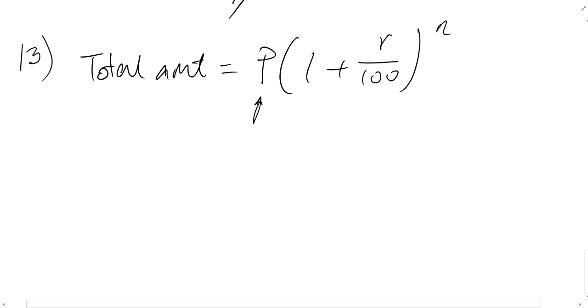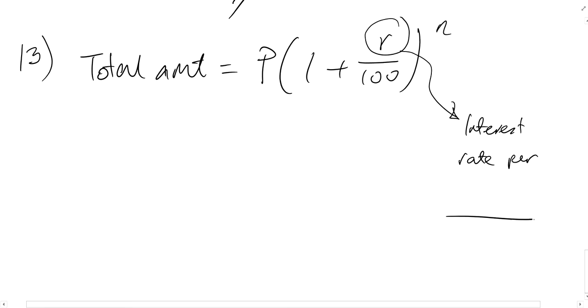P is our total amount? No? Principal. So if you are borrowing money from a bank, the amount that you borrow is the principal. If you are lending money, the amount you lend out will be the principal. So that's the original amount. Then this R over here, what does it refer to? Interest rate per what?